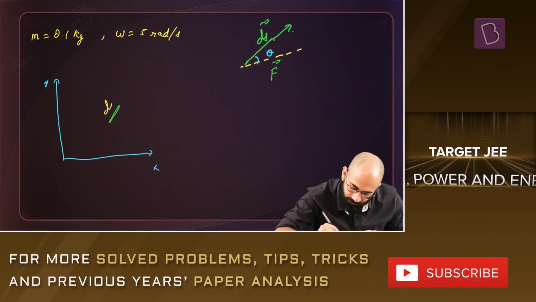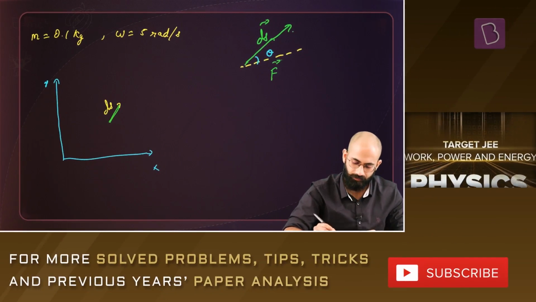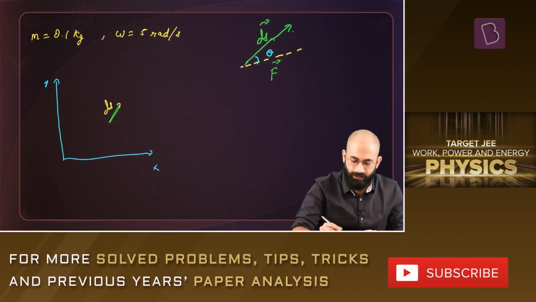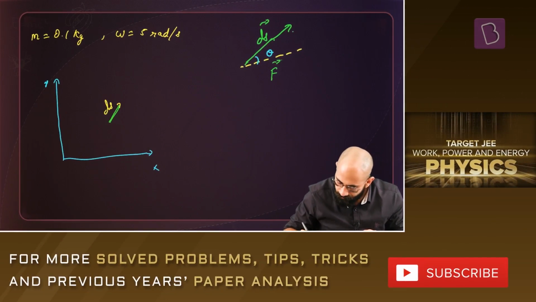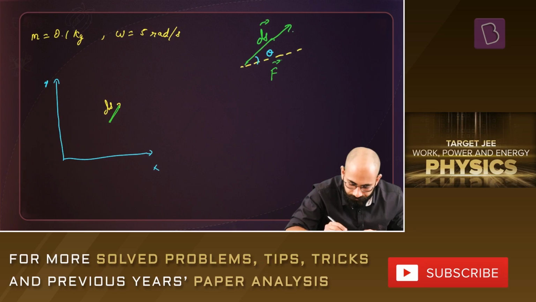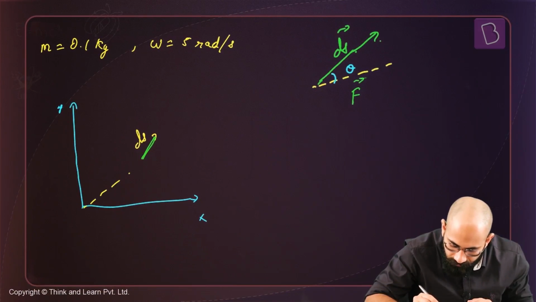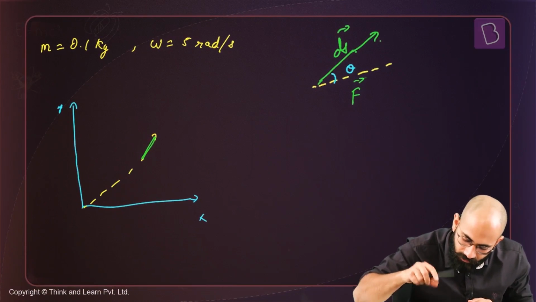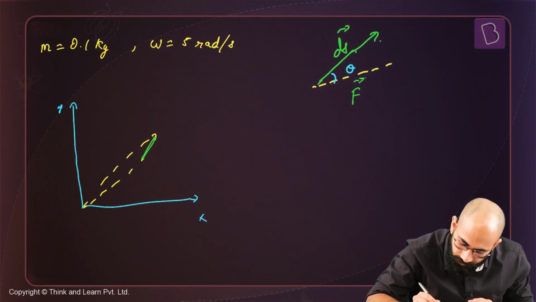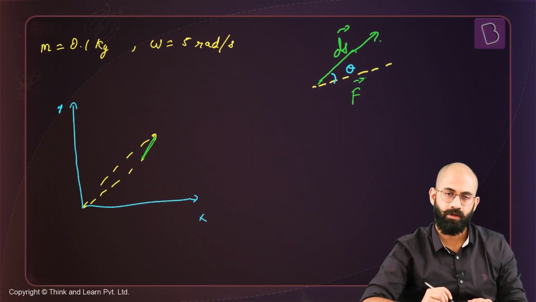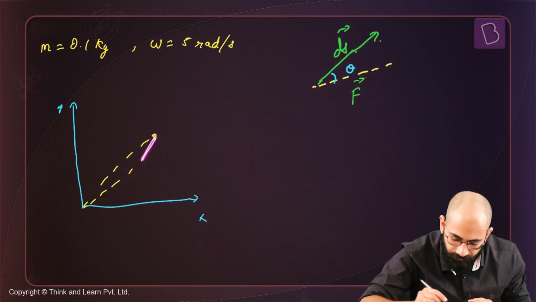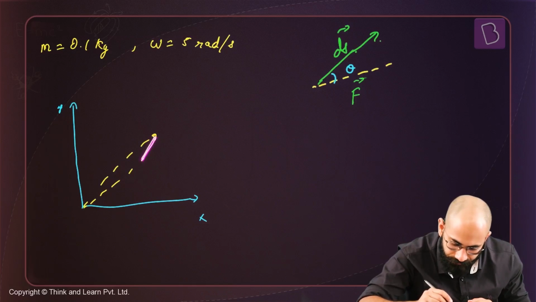Basically this vector is ds, it's from here to here. Now I can say that if I draw two dotted lines from here, this will be r1 and this will be r2, correct?